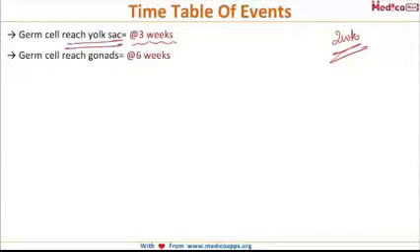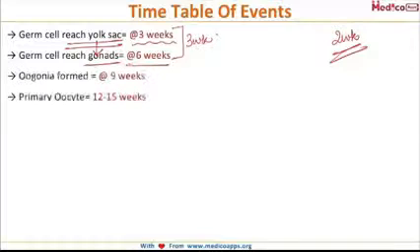After this, these germ cells have to migrate to their ultimate location, and that is the gonads. This migration, although it starts at the 4th week, is completed by 6 weeks. So you can see the difference is of 3 weeks. The germ cells reach the yolk sac at 3 weeks and they reach the gonads at 6 weeks.